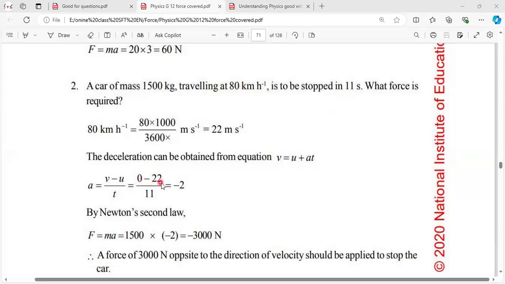So 0 minus 22, because you have to convert kilometers per hour into ms minus 1, the SI unit for velocity. So that 22 is applied here as the velocity. Since it is a deceleration, the acceleration value is minus 2. It doesn't matter. Since you already found the a, you can apply F is equal to ma. m is 1500, so the value is 300 newtons. Minus means to stop this vehicle.